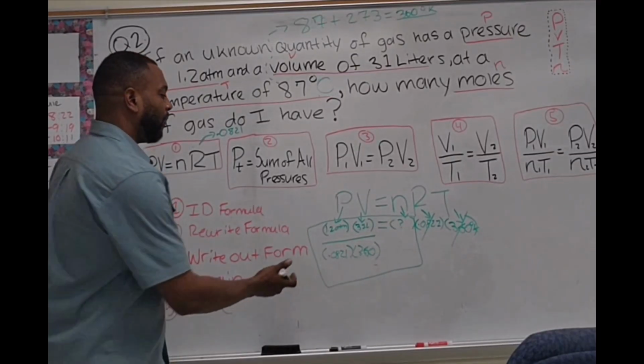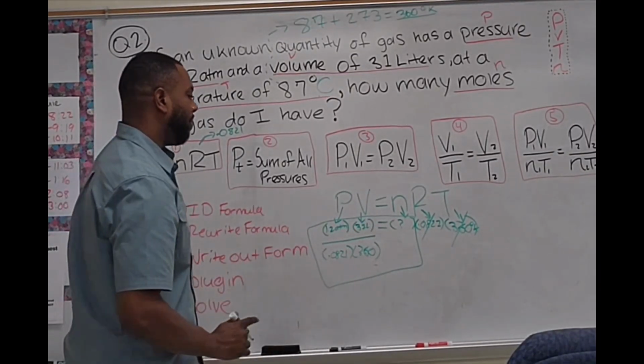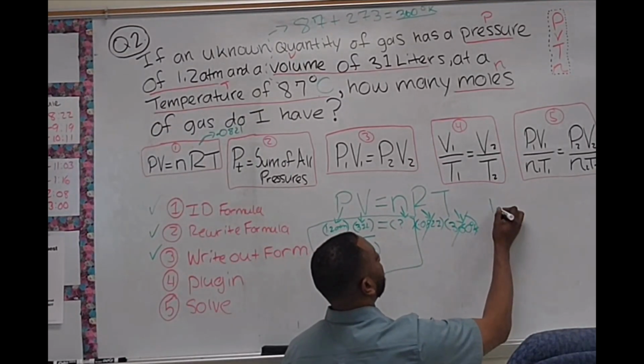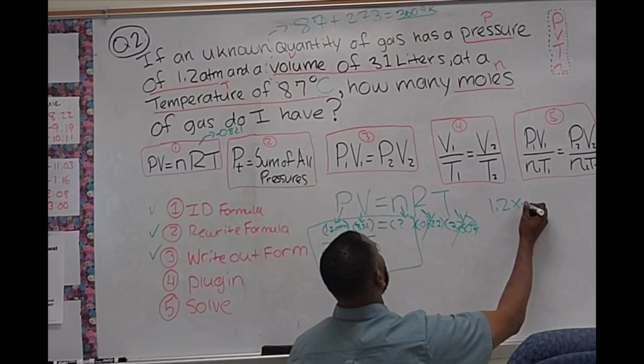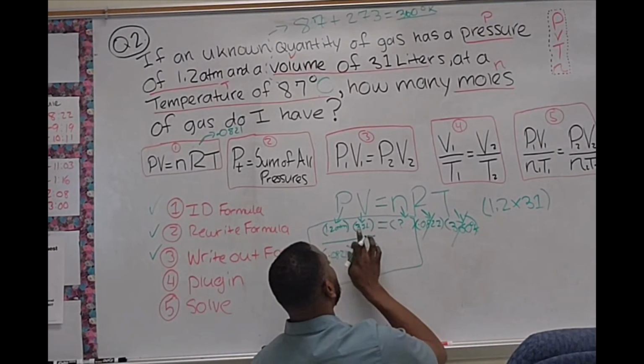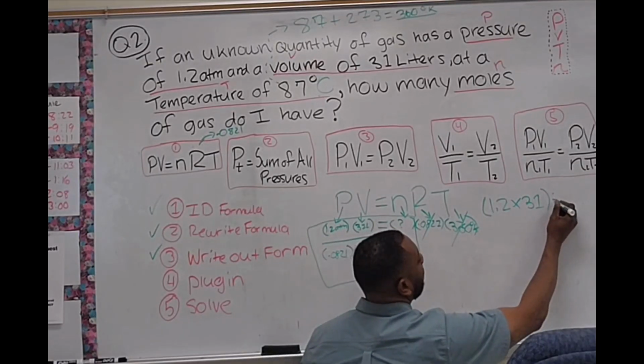Now, what is another way to write this? Okay, what does this mean if I wanted to just write that in the simplest way possible? This means 1.2 times 31, okay? I'm going to use parentheses. 1.2 times 31. Then the division symbol reminds you to divide.